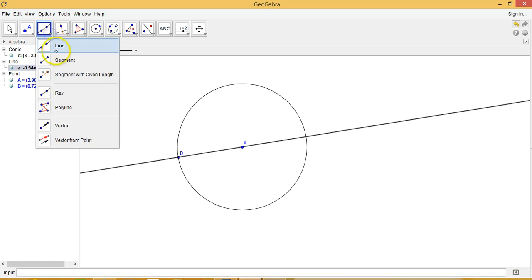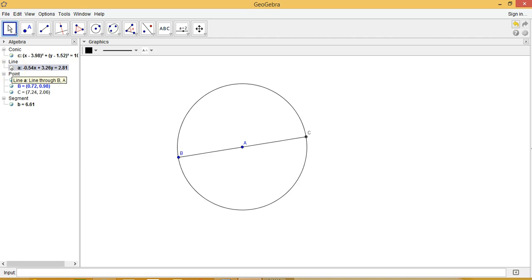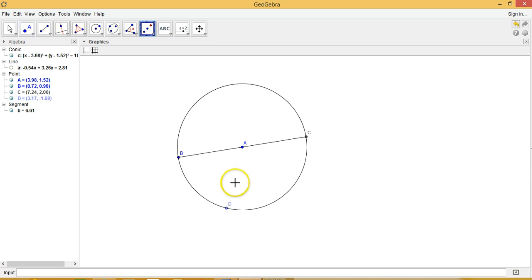So now I'm going to grab my segment tool, put the endpoint right at that intersection, and the point on B. So now I have a diameter. I could even get rid of my line here. So there's one. Another way we could do that is I'm going to put another point on the circle here, and then in my transformation toolbox, there's the reflect about a point tool.